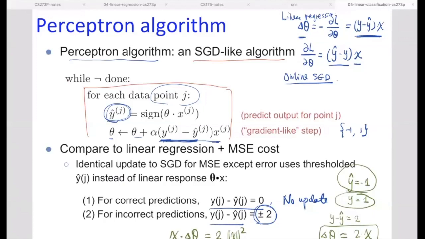Instead, it should be +1, which means I should increase the score. So if you do this update, it will lead to the desired effect of increasing your score. You can see it's along the right direction. So this is the perceptron algorithm. It's very simple: go through each data sample, update the parameters, and that's it.